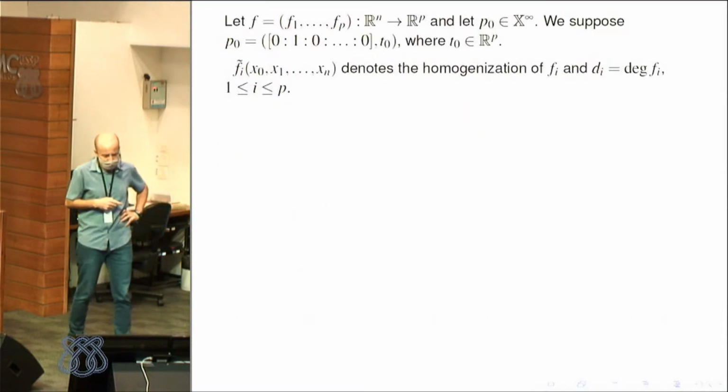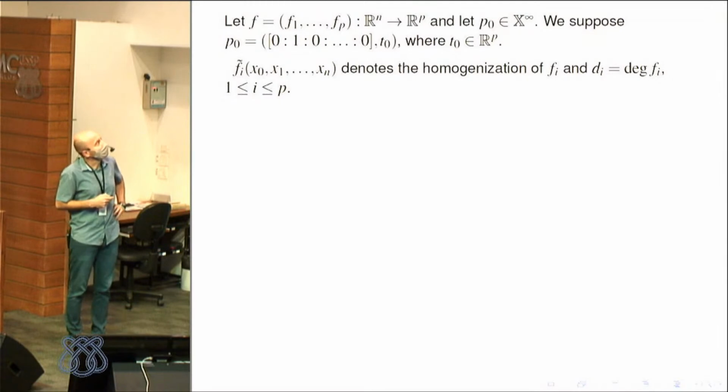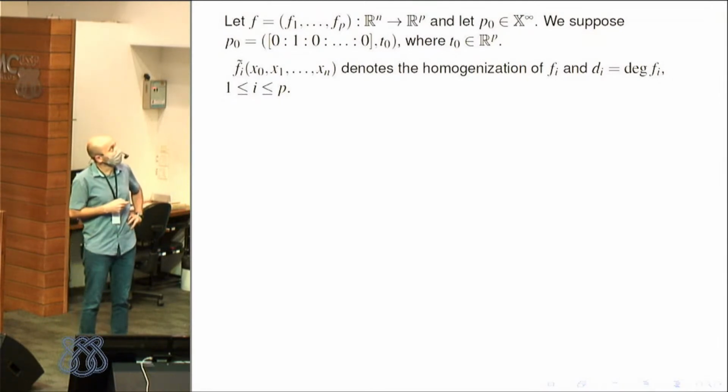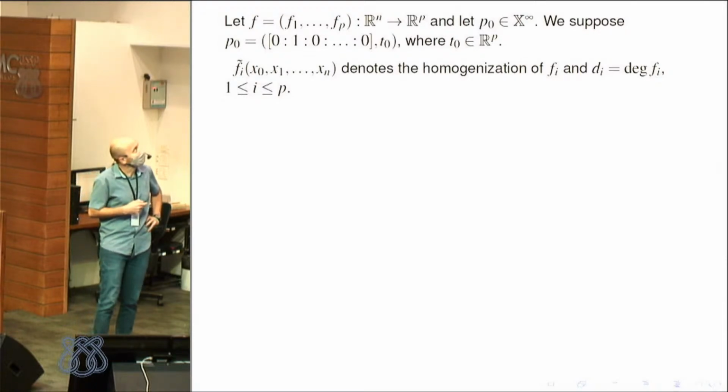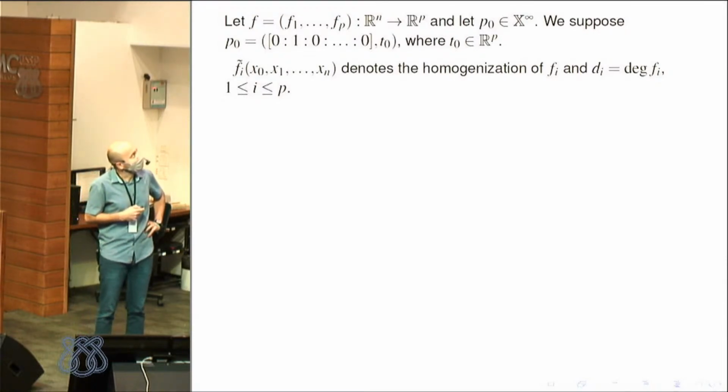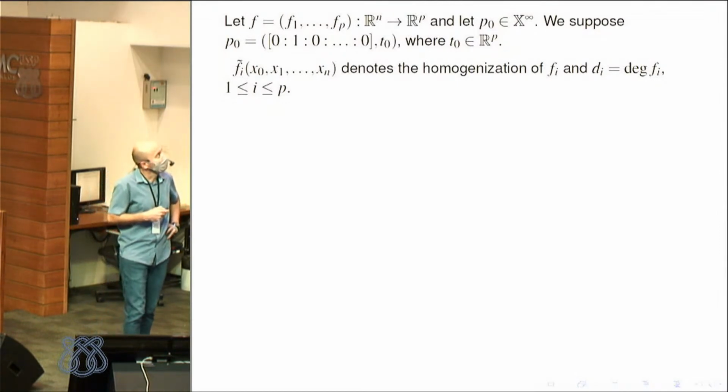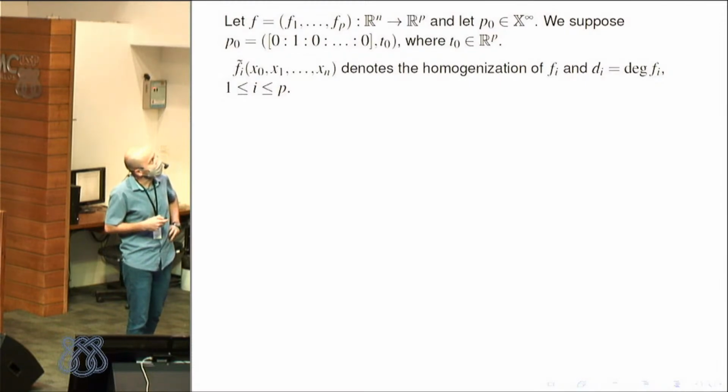So we use some charts in Pn, which I will explain now. Given a map from Rn to Rp, we fix P0 in X infinity. For simplicity, suppose P0 is as follows.